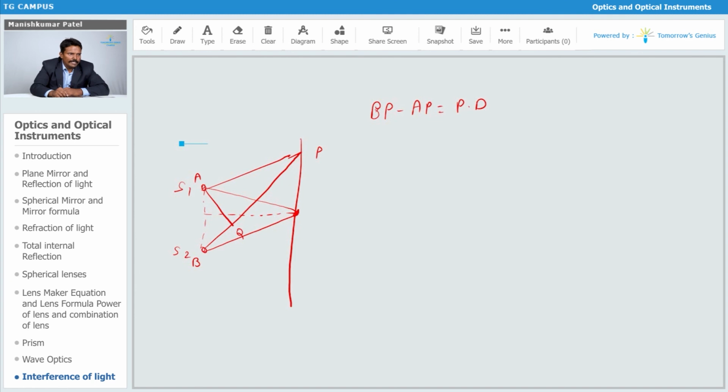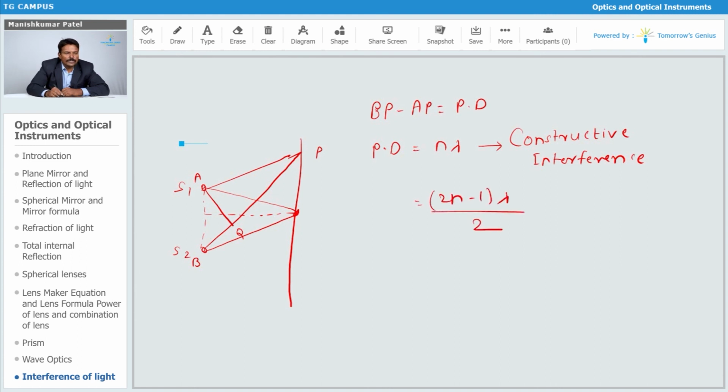When this path difference is a multiple of n lambda, in that case that is the constructive interference that you will get over here. And the condition for destructive interference is again that the path difference is (2n minus 1) lambda by 2.